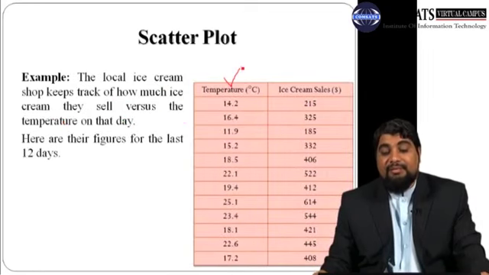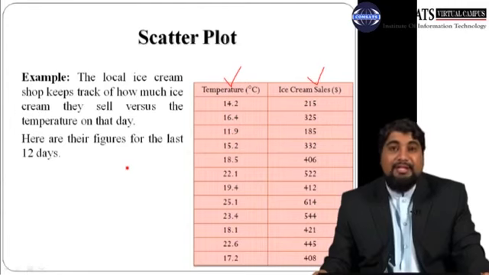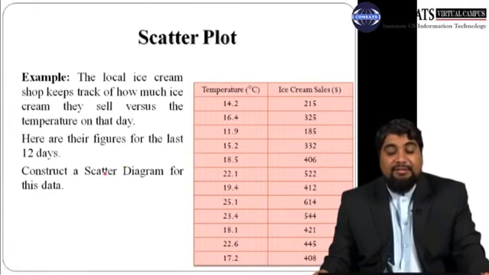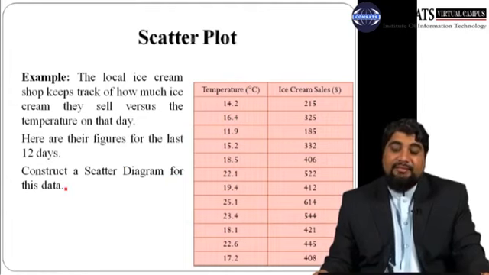We have the data on temperature in degrees centigrade and the ice cream sales in dollars. On the first day the temperature was 14.2 degrees centigrade and the corresponding sale was $215 and so on. The question is, construct a scatter diagram for this data.